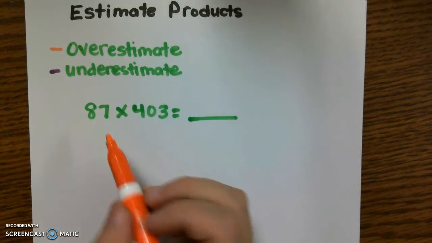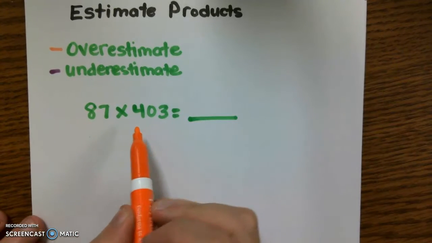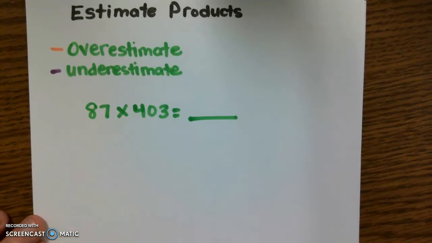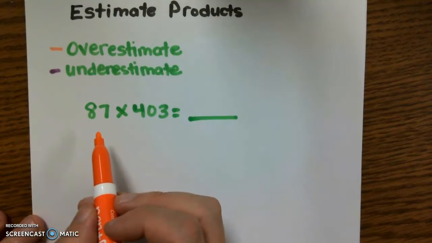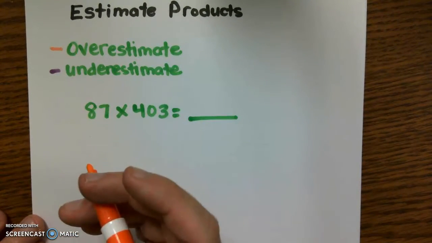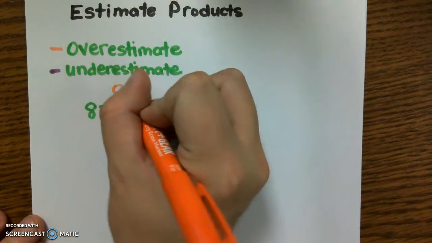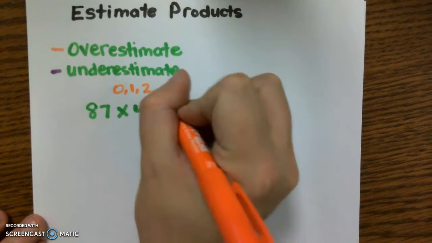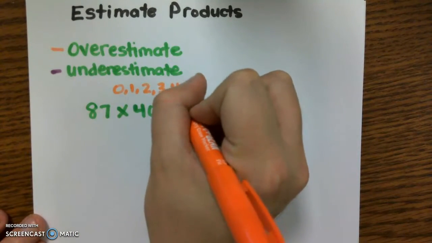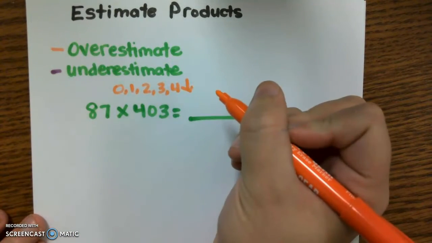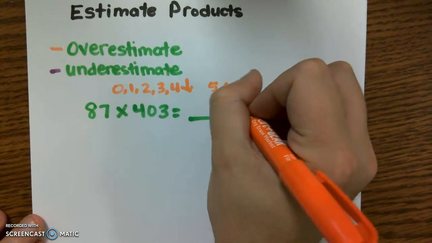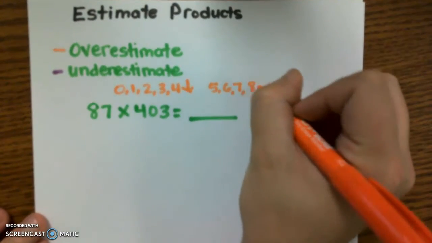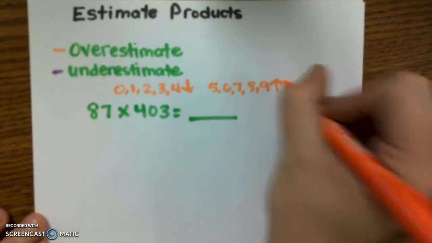So if I have two numbers like 87 and 403, well, I'm looking at 87. That looks like it's close to 100 for me, because if you remember when we go back to rounding, 0, 1, 2, 3, and 4, we always round down, or we stay the same. 5, 6, 7, 8, and 9, we round up, or we change.